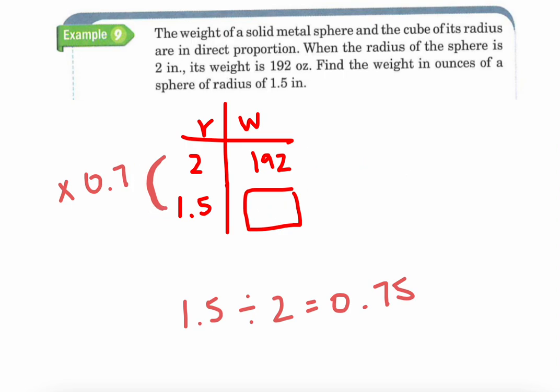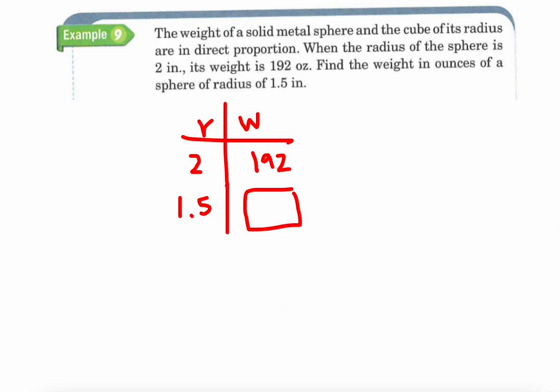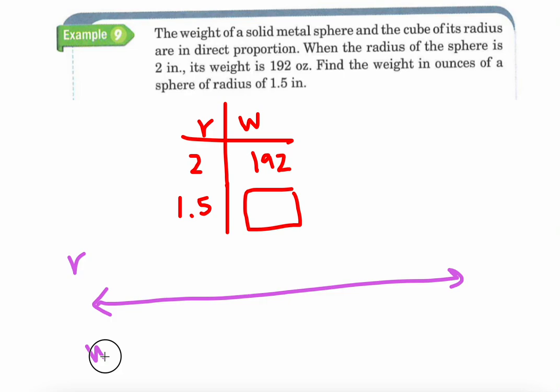And then remember, the third method is your double number line, where you are going to build yourself down, and then build yourself back up again. Okay, so we have radius and weight. We have a radius of 2, corresponding to 192 ounces in my weight.